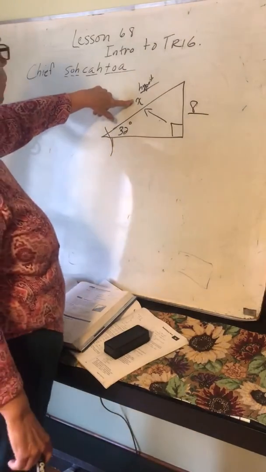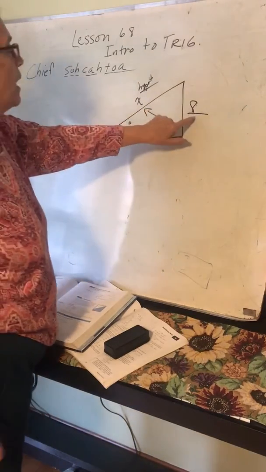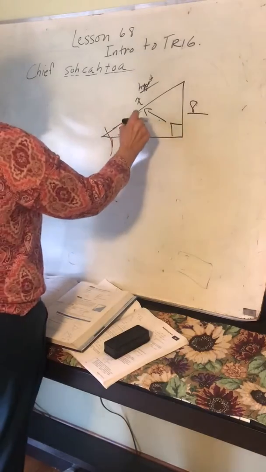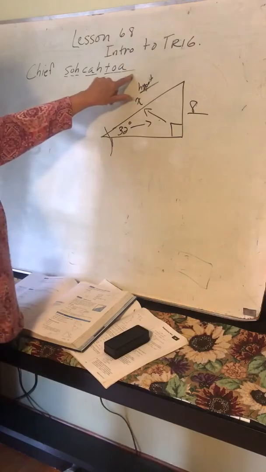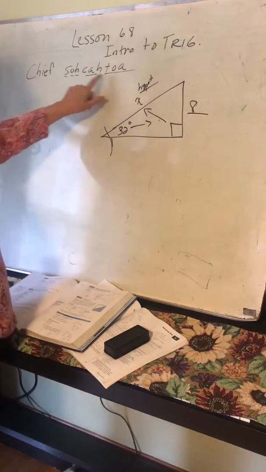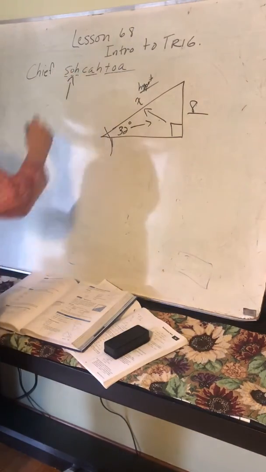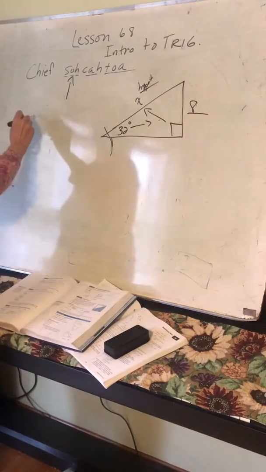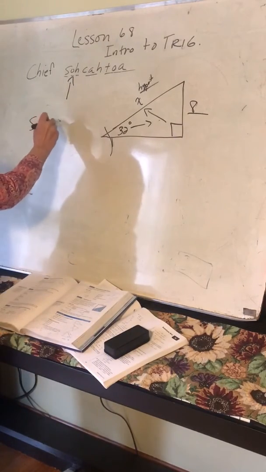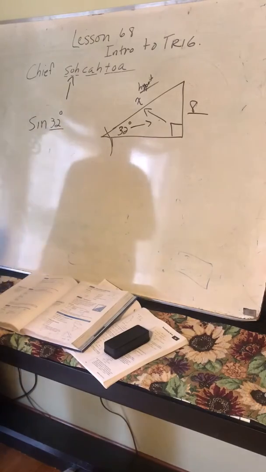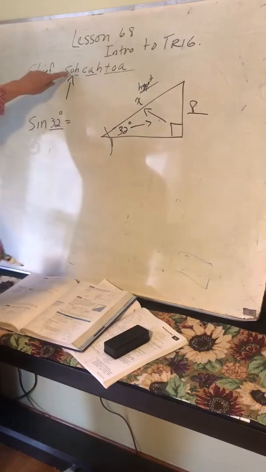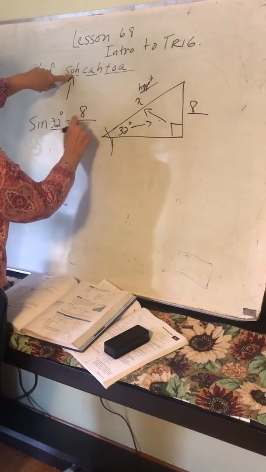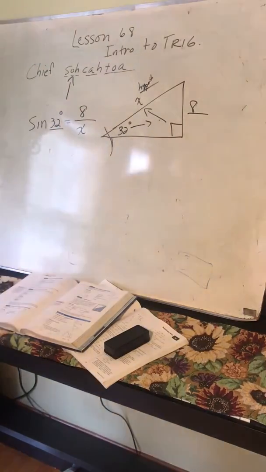The hypotenuse is the one we want, and we have an opposite from this 32 degrees. So go up here and see where you have opposite and hypotenuse, and that's this one right here. That's sine. So we're going to use sine, and you use the 32 degrees. Remember, that's where the angle measure goes. You're going to say that is equal to the opposite of 8 over x. Okay, now we have to get this in the right order again.